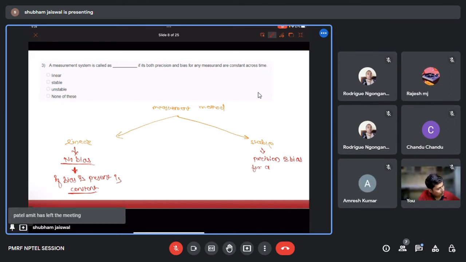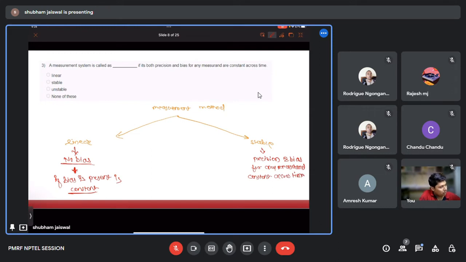Precision and bias for any measurement will be constant across time. So in this question, what they are saying is that in a measurement system, both the precision and bias for any measurement are constant across the time.